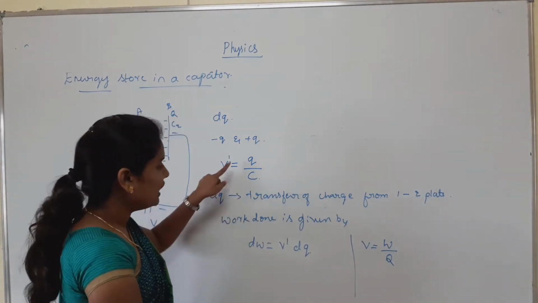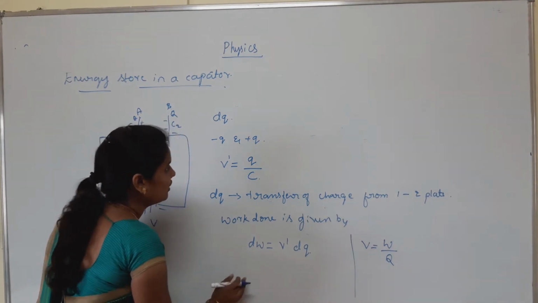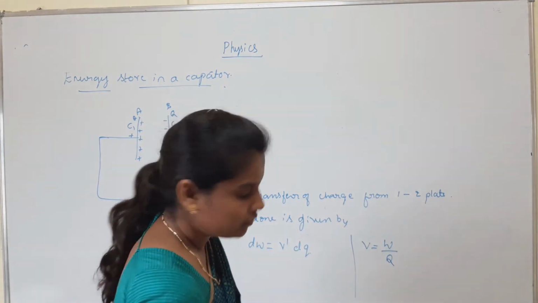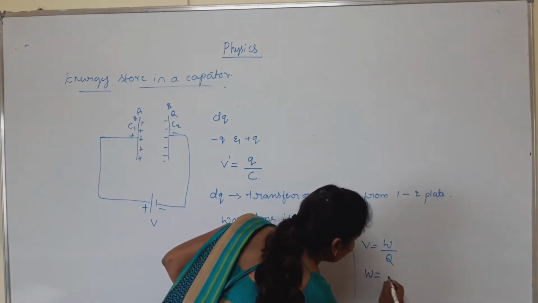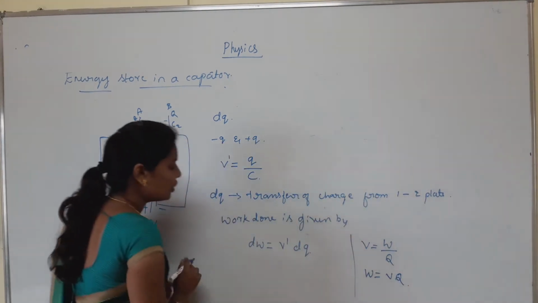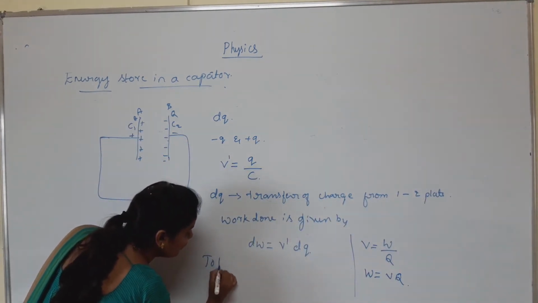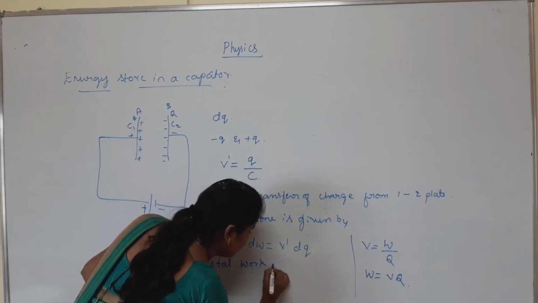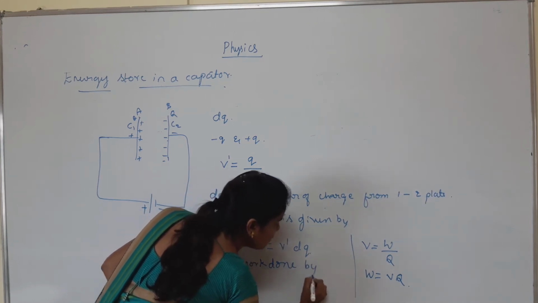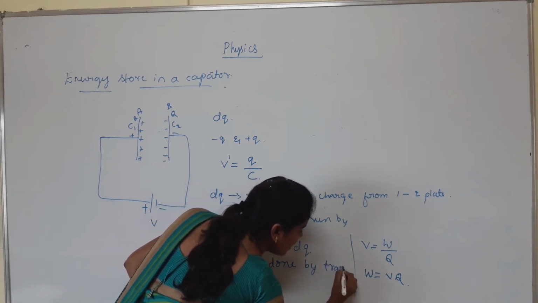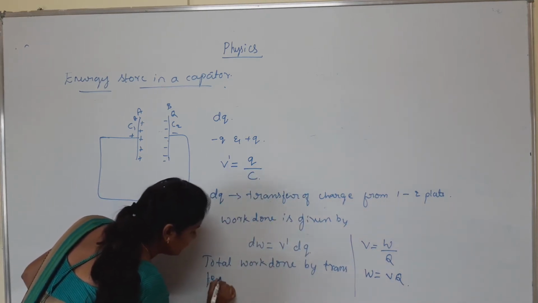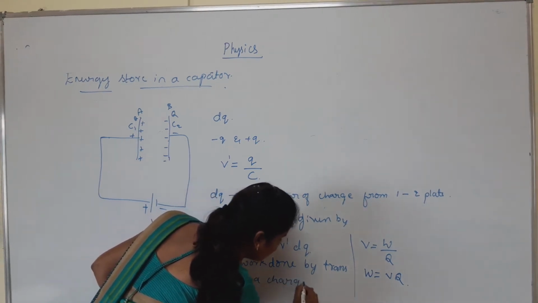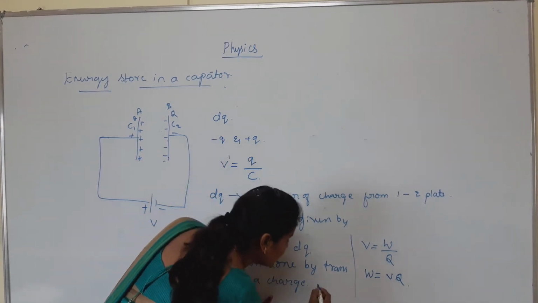Substituting this, we get W equals V into Q. Therefore, this is the total work done by transferring a charge from one plate to another plate.